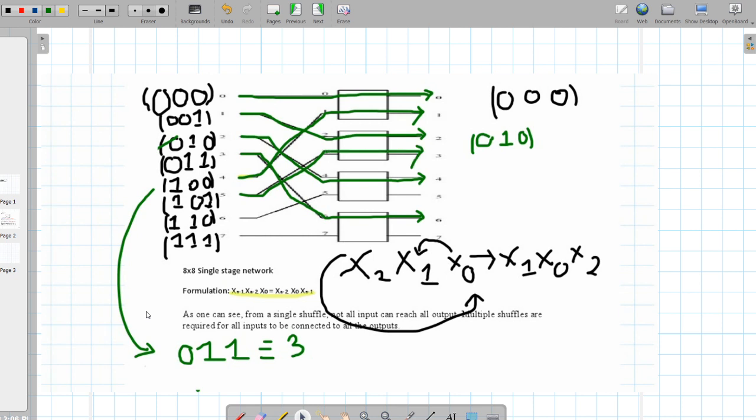Now come to the 7th processor. 7th processor has 6 as its decimal address, and equivalent binary representation for the address is 110.